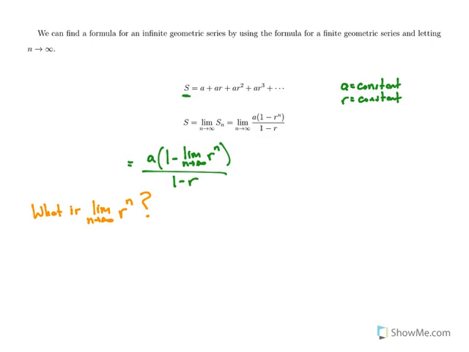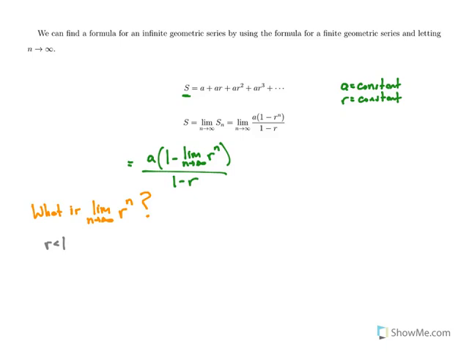There's a few things we need to consider here. So let's first think about if R is equal to 1. Actually, we should not use 1, sorry, because we know R can't be 1 for this formula. So let's say, what happens if R is less than 1?